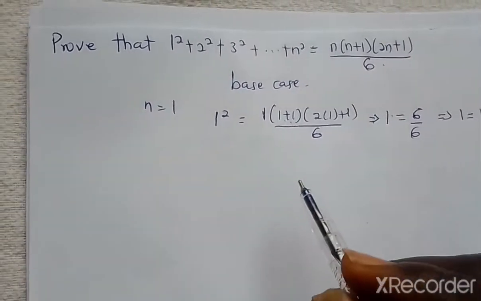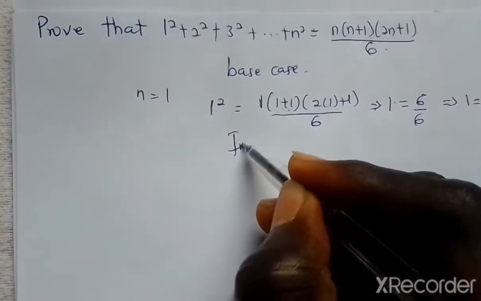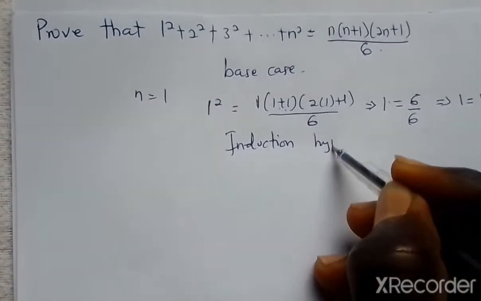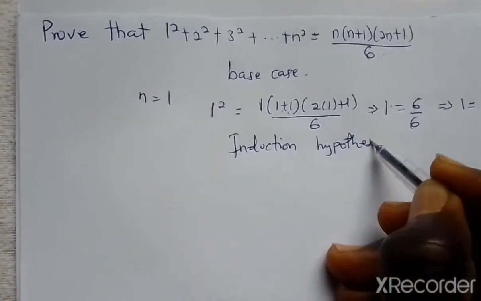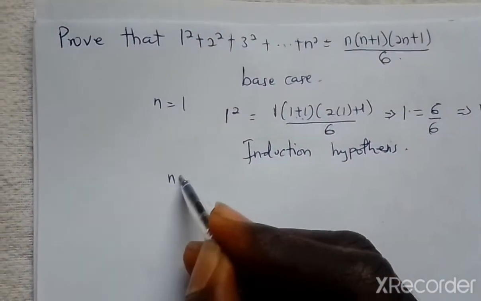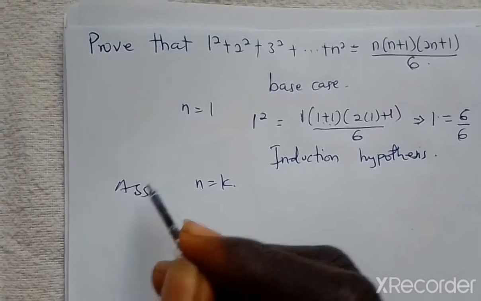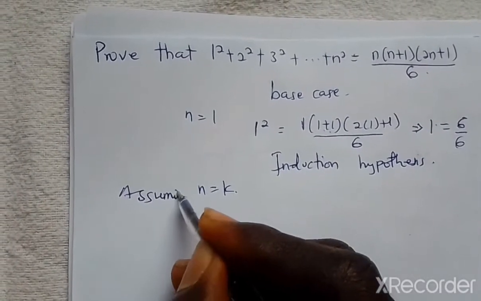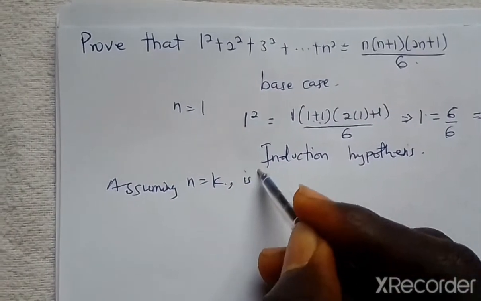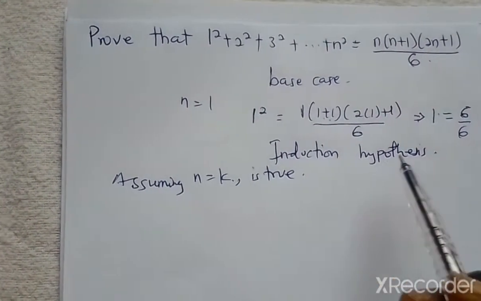From here we move to our induction hypothesis. For the induction hypothesis, we have to assume that the statement is always true for n equal to k. So assuming that the statement for n equal to k is true, that is our assumption, and that is the induction hypothesis.